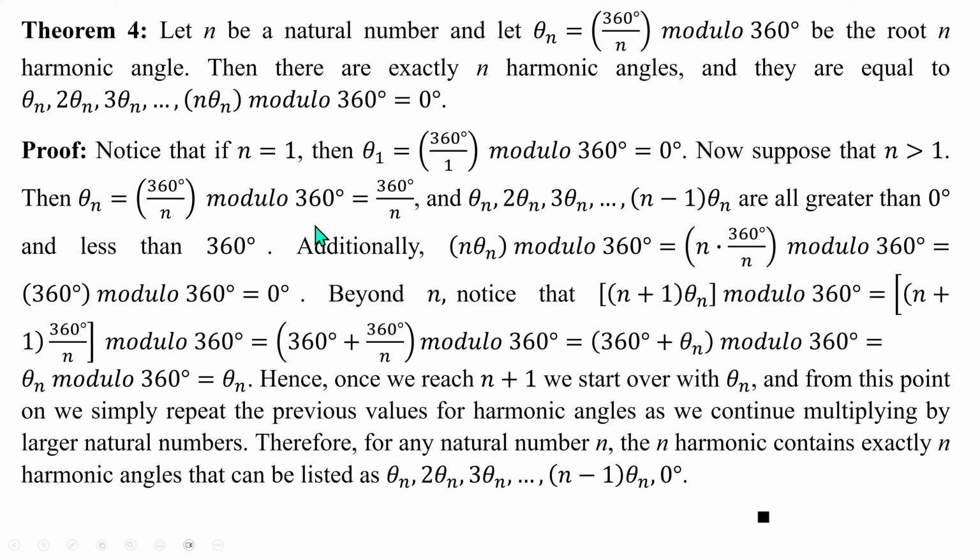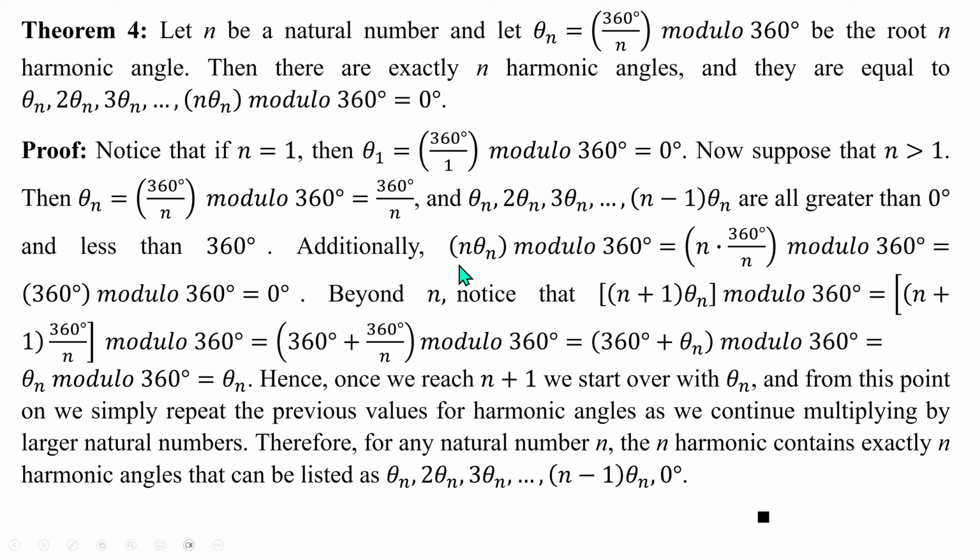Why are they less than 360 degrees? Well, because whether you're looking at 1 times this, 2 times this, 3 times it, or n minus 1 times this, the angle theta sub n is 360 degrees over n. If you multiply that by n minus 1, then n minus 1 over n is just a fraction that is less than 1, so you wind up with just a fraction of 360 degrees, something less than 360 degrees.